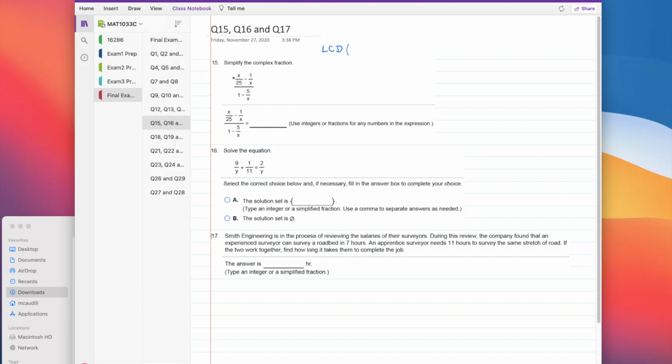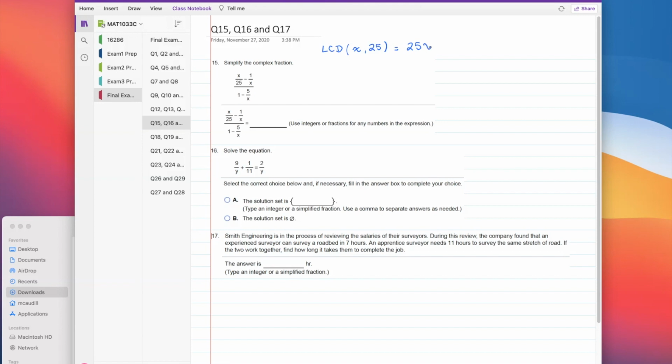On the numerator part, you have two denominators, 20x and 25. And on the denominator part, you have one denominator that is the x. That's already here. So the least common denominator between x and 25 is 25x.